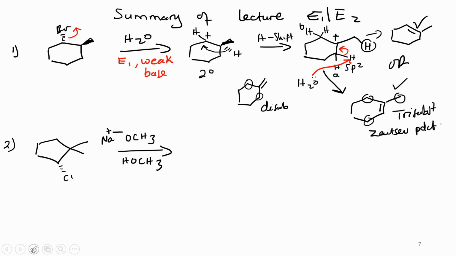E2. E2, correct. The reason is the methoxide is a strong base. Strong bases work with E2. Okay, so we come here and look for the beta hydrogens.